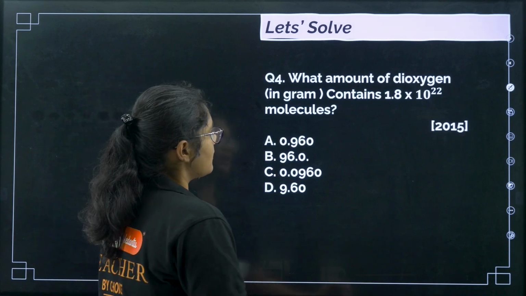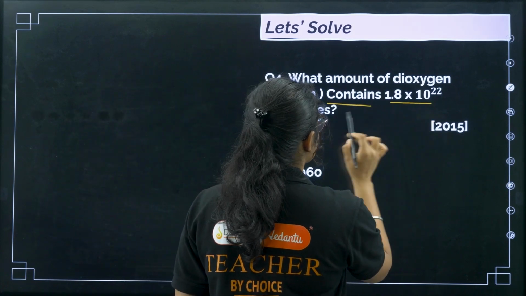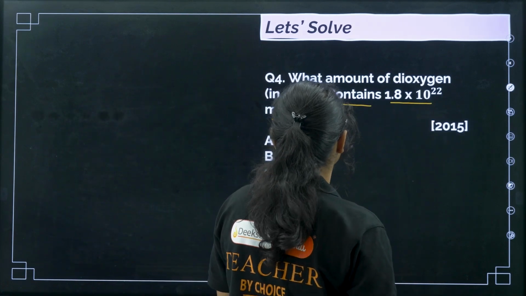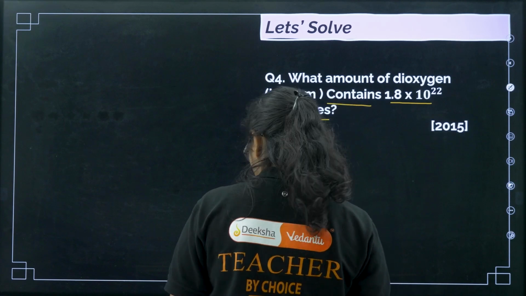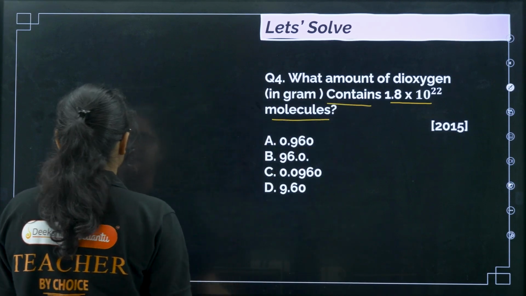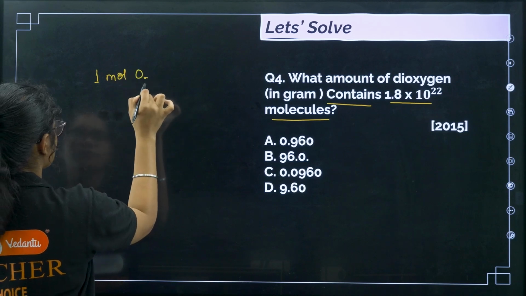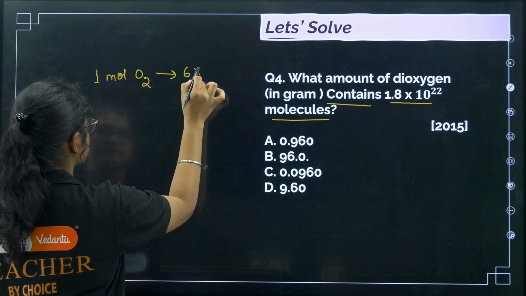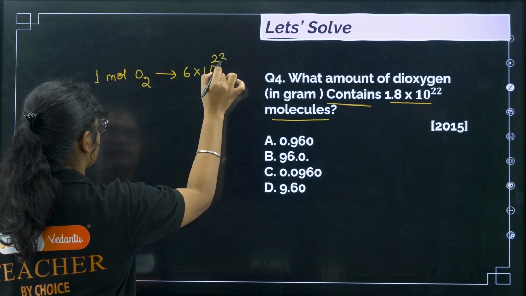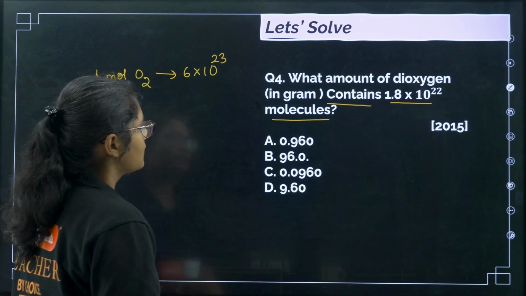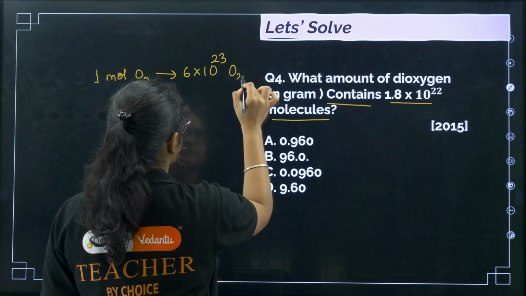Next. What amount of dioxygen contains 1.8 into 10 to the power of 22 molecules? Okay. What amount of oxygen? So if you see, 1 mole of O2 contains 6 into 10 to the power of 23 oxygen molecules.